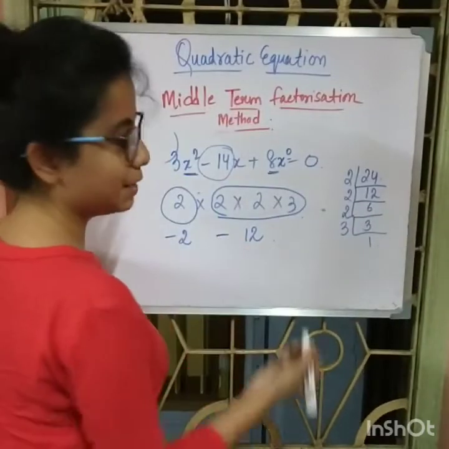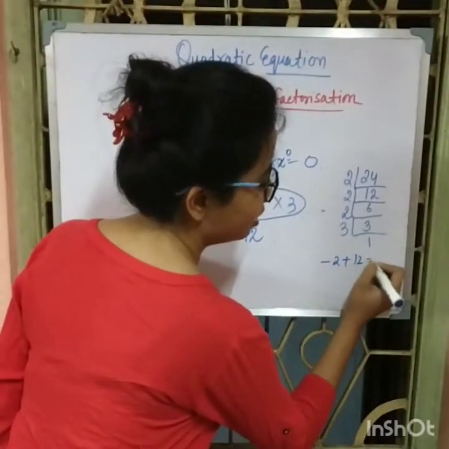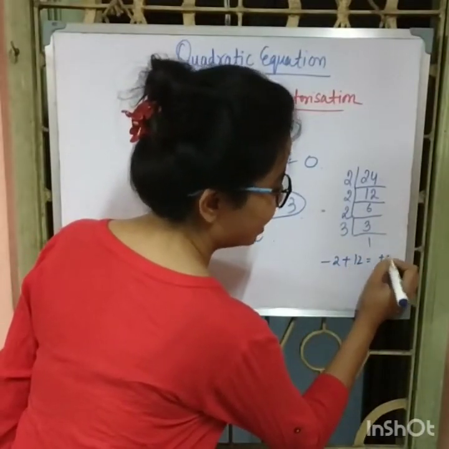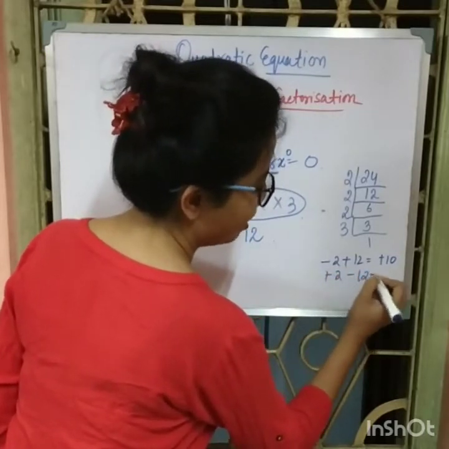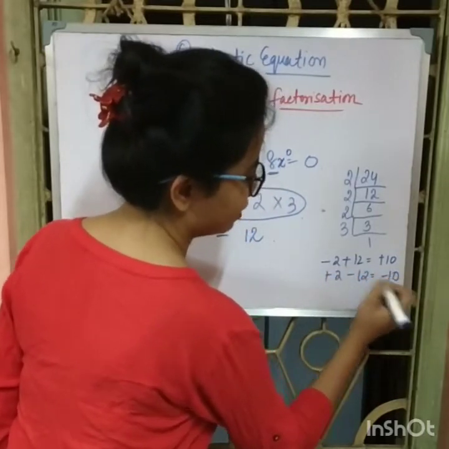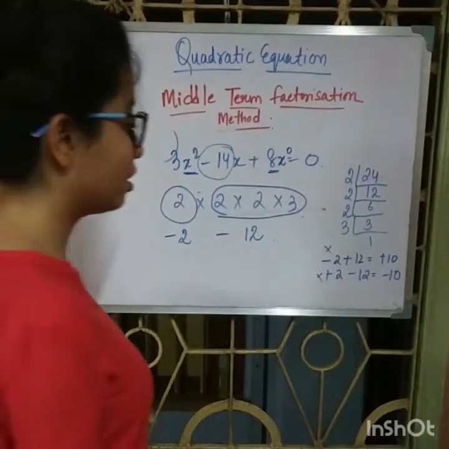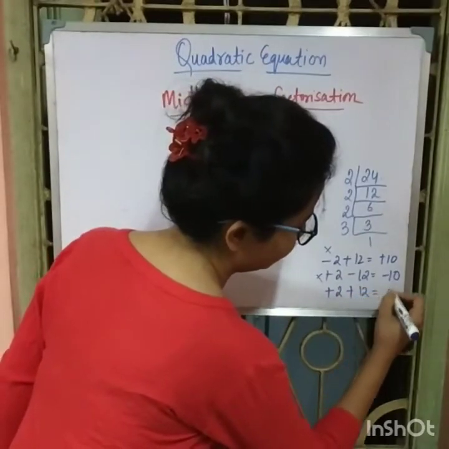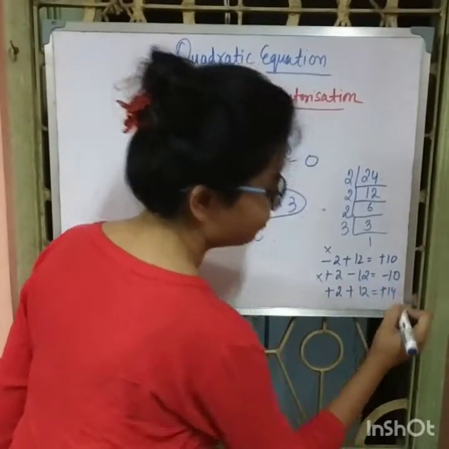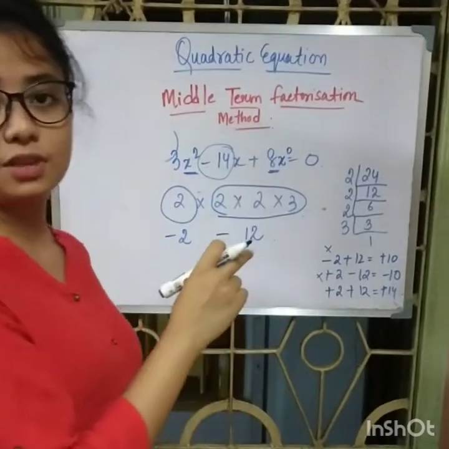Minus and minus, because minus 2 plus 12 will give us plus 10. Also plus 2 minus 12 will give us minus 10. So these two options are wrong. Also we saw plus 2 and plus 12 will give us plus 14, but what we need is minus 14.